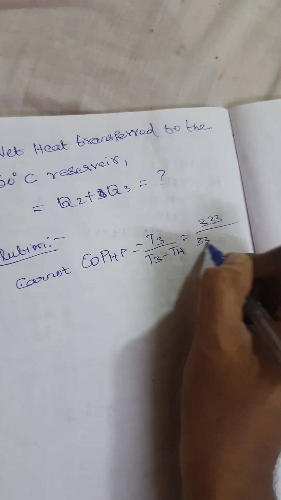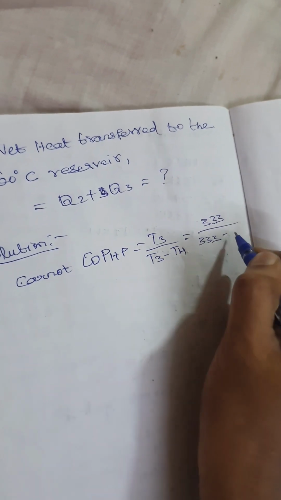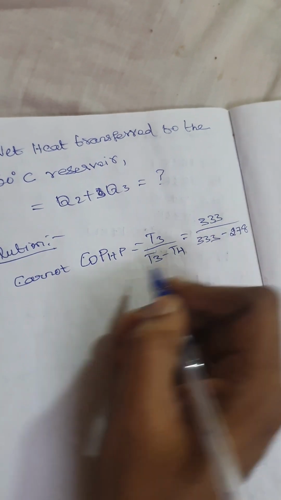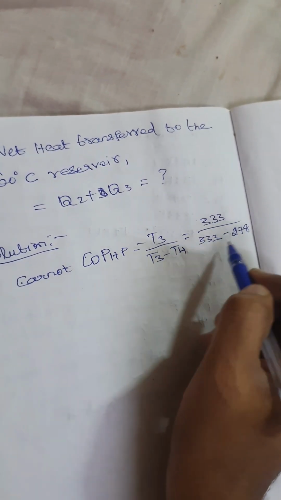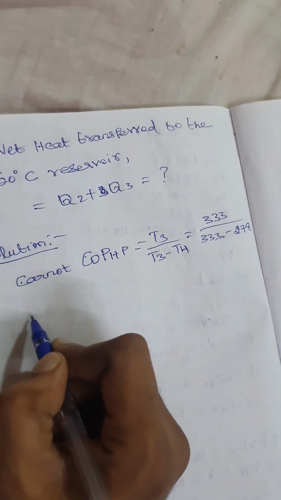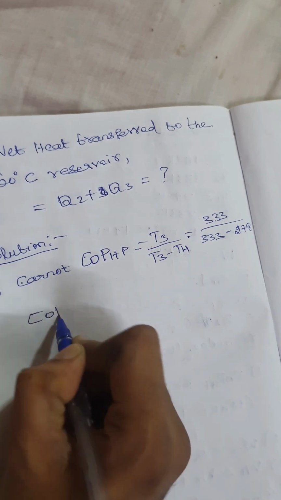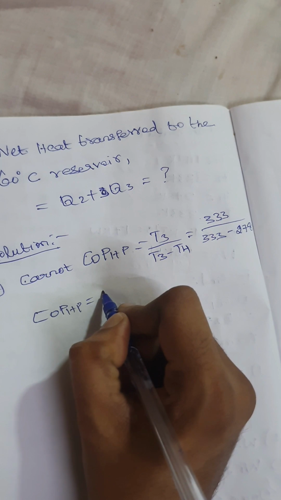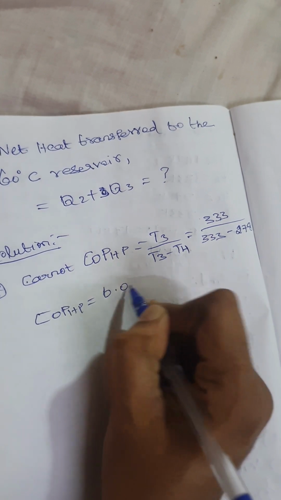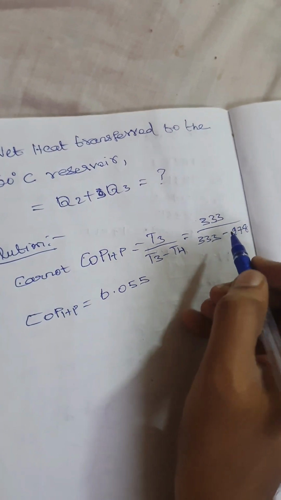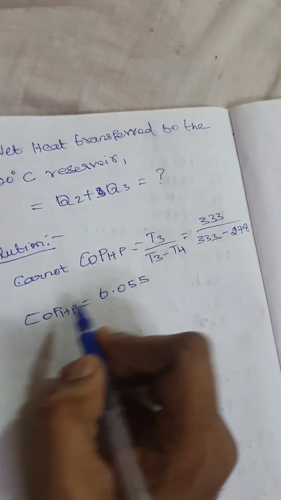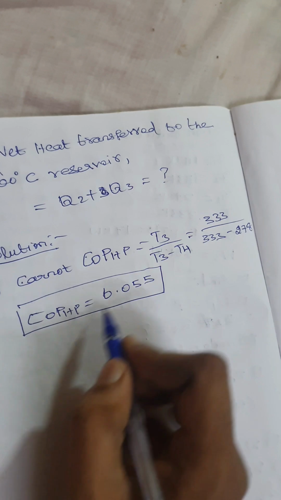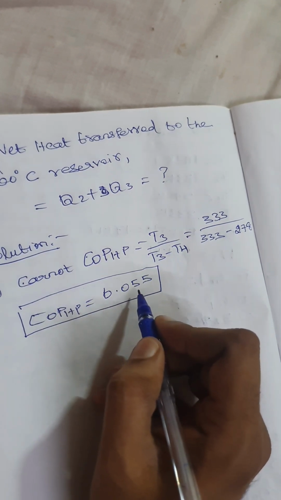Here 333 minus the T4 value, given as 278. If you put this in the calculator, you can find the COP of heat pump, that is equal to 6.055.